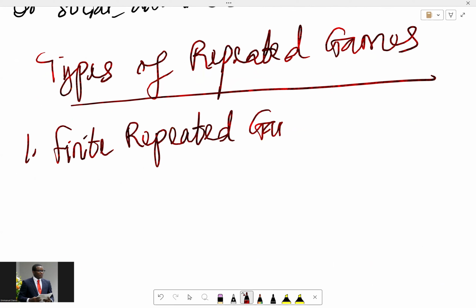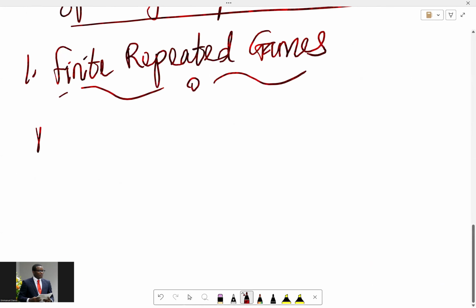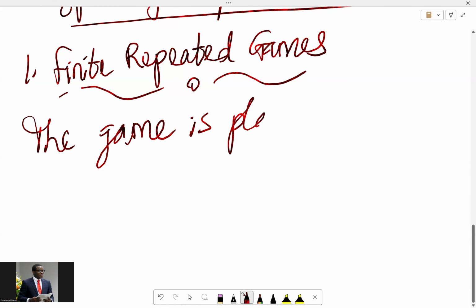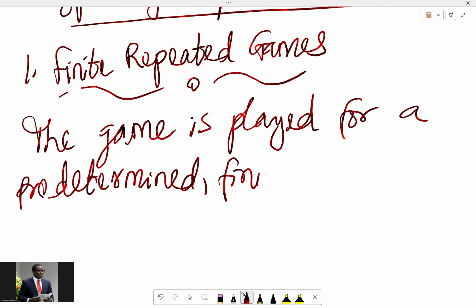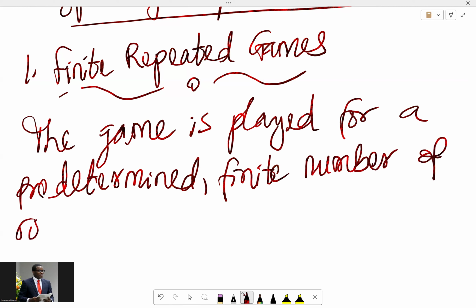Here the game is played for a predetermined finite number of rounds.